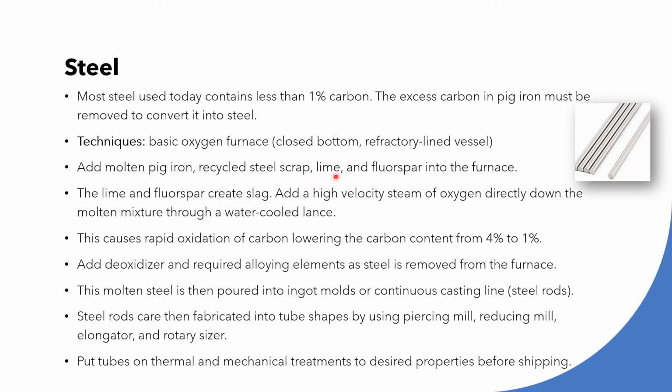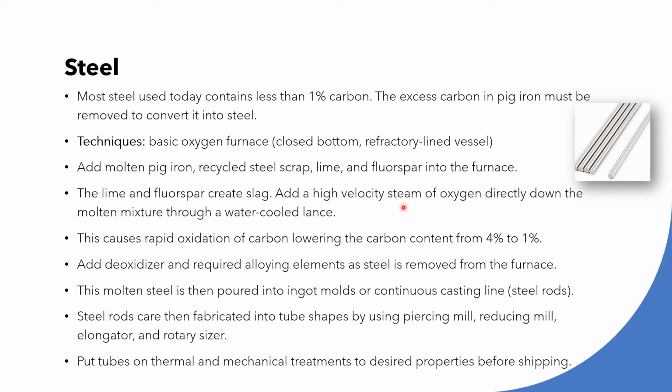And you add a little bit of lime, and then you add fluorspar into the furnace. This lime and fluorspar is going to create something called slag. And we're going to add, at very high velocity, meaning very high speed, a stream of oxygen directly down onto the molten mixture.